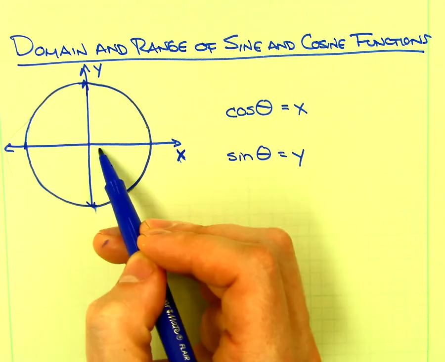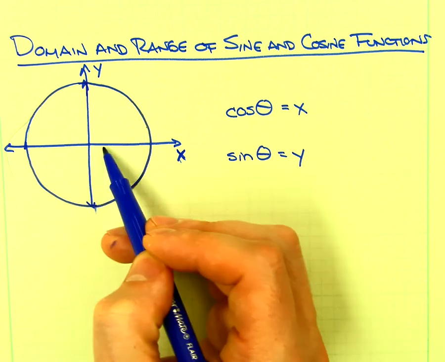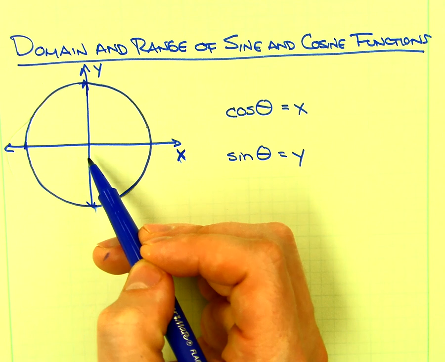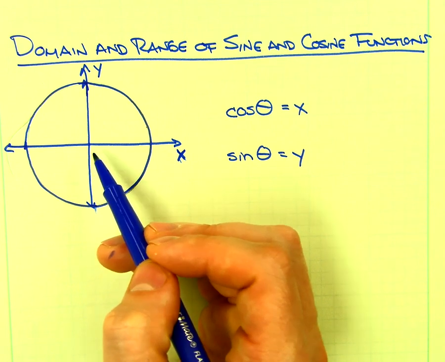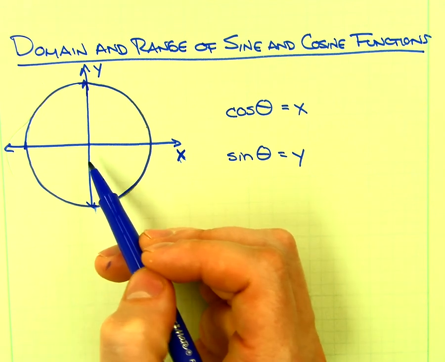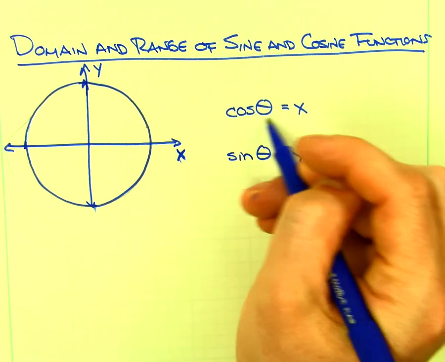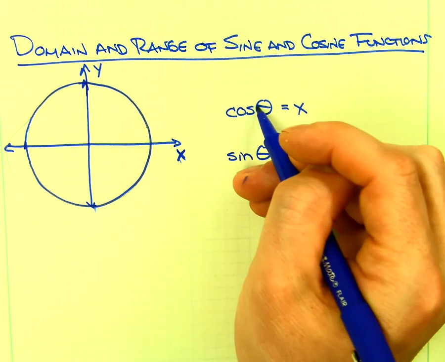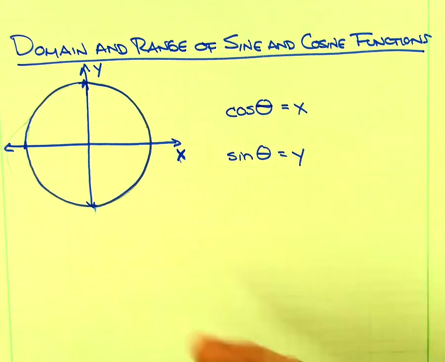So it can be 4 pi, it can be 8 pi, 10 pi, whatever. It can be 10 billion pi, just many, many revolutions, okay? So theta can be a lot of things. Theta is not limited whatsoever by the cosine function. So it can be positive, it can be negative.